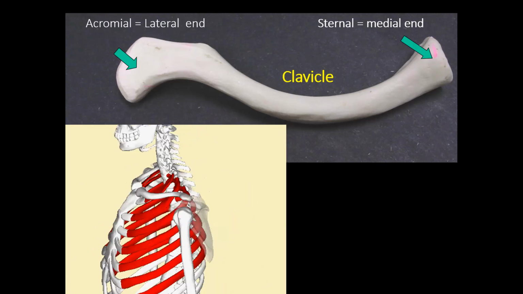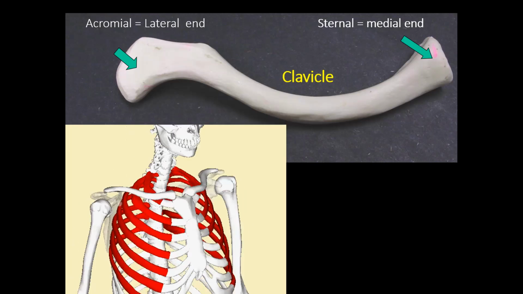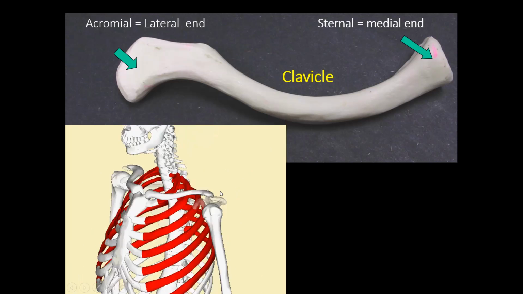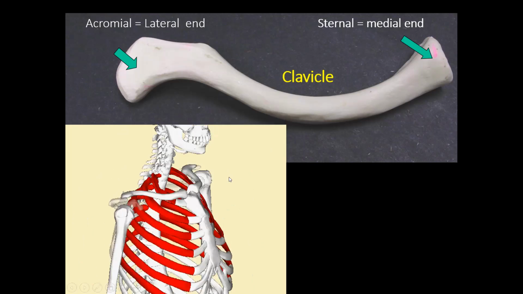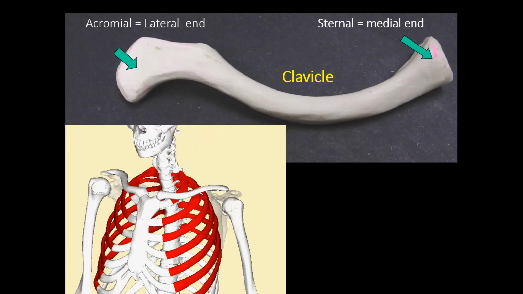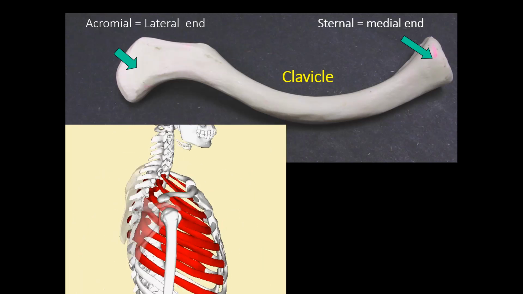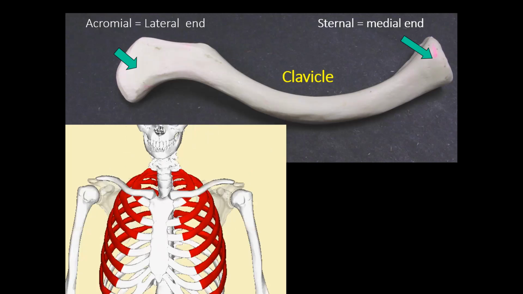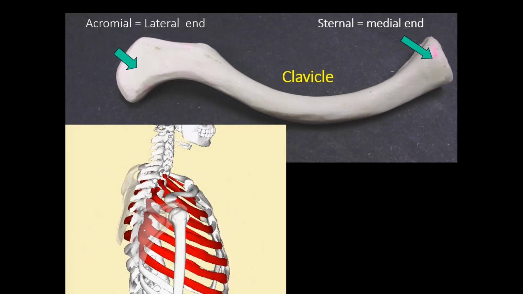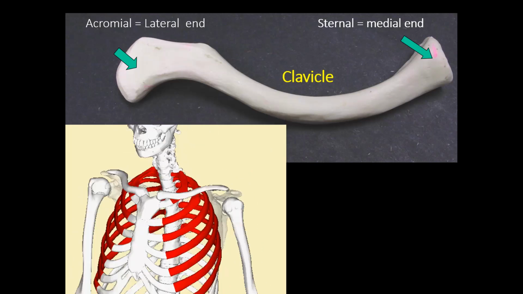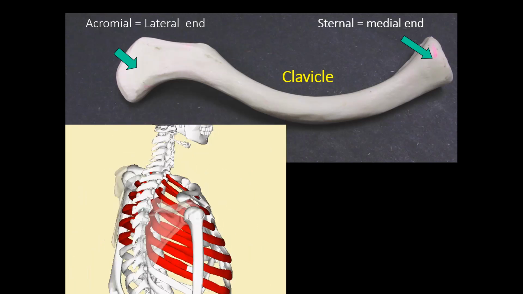And if we look at the animation here, we can see that the flat end out here is going to be articulating with a flat structure on the scapula, on the shoulder blade, that looks exactly the same. It's also called the acromion. So we have the acromion of the scapula and the acromial end of the clavicle.